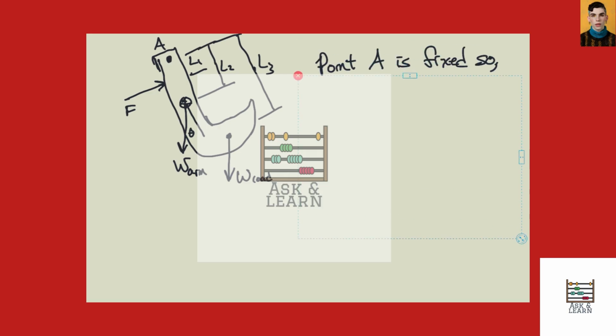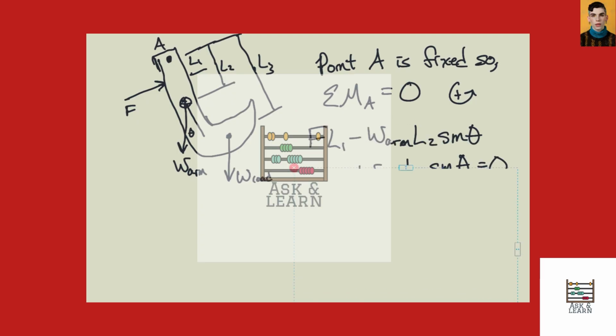Now, the point at A is fixed, so the sum of the moments about that point is 0. If we take counterclockwise as positive, our moment balance is the force from the hydraulic system times L1, and the force from the hydraulic system acts perpendicular to the moment arm.